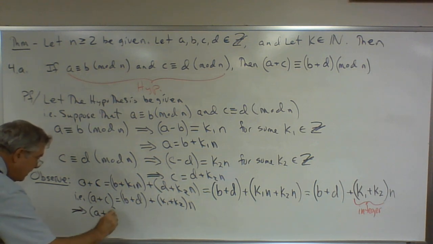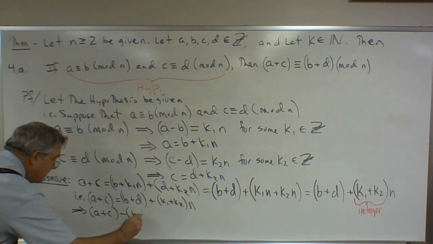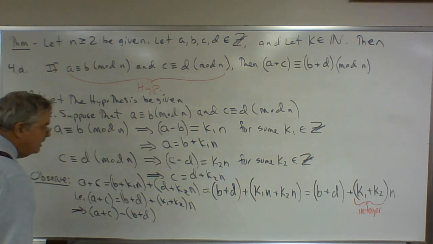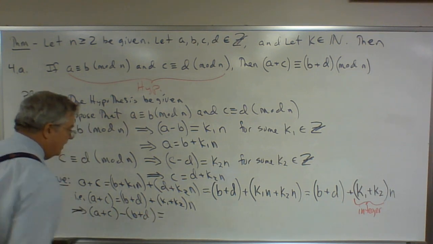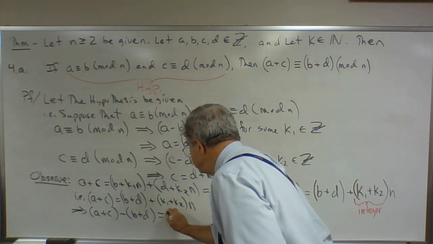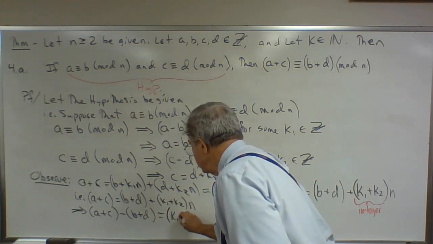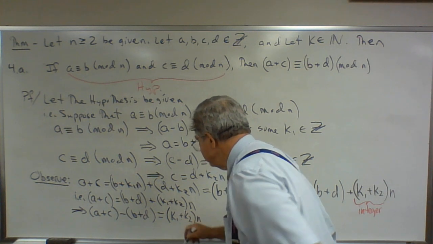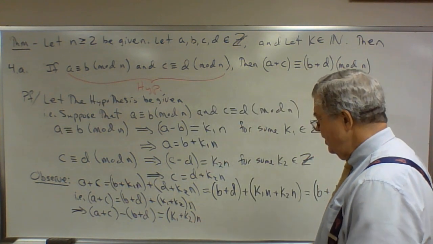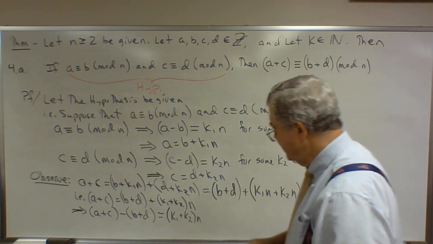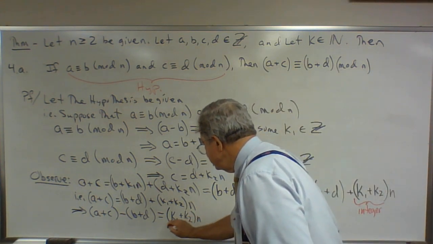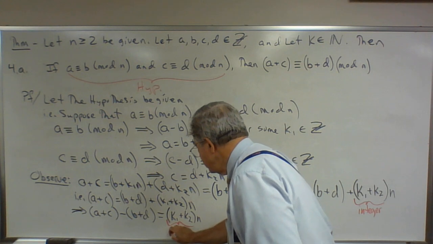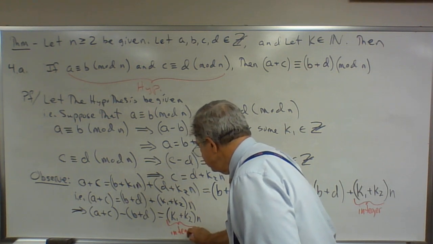A plus C minus B plus D is equal to, there we are, k1 plus k2 times n. And we already ascertained that k1 plus k2 is an integer.